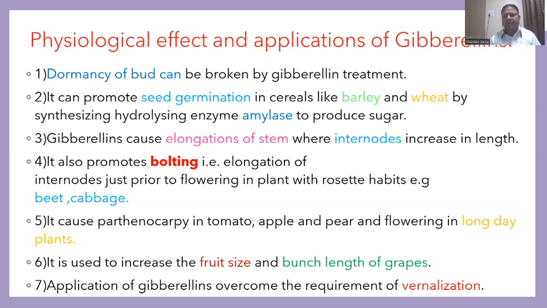Next, it causes parthenocarpy in tomato, apple, pear, and flowering in long day plants. As we learned, what is parthenocarpy? Formation of fruit without fertilization. So fruits become seedless. And in the placenta of the ovary, auxin is produced, and that's why parthenocarpy develops.